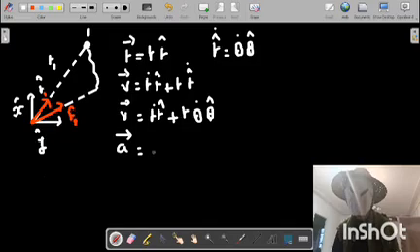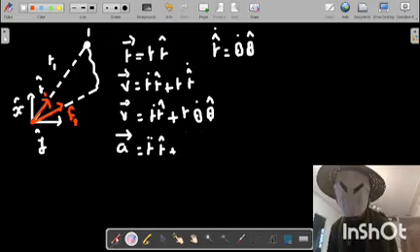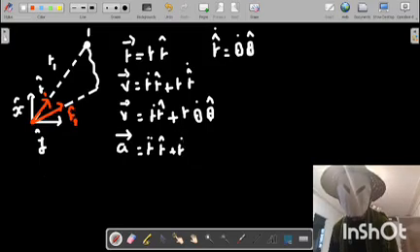So that would be r double dot r hat plus r dot r hat dot, plus, now we got to take the derivative of this.